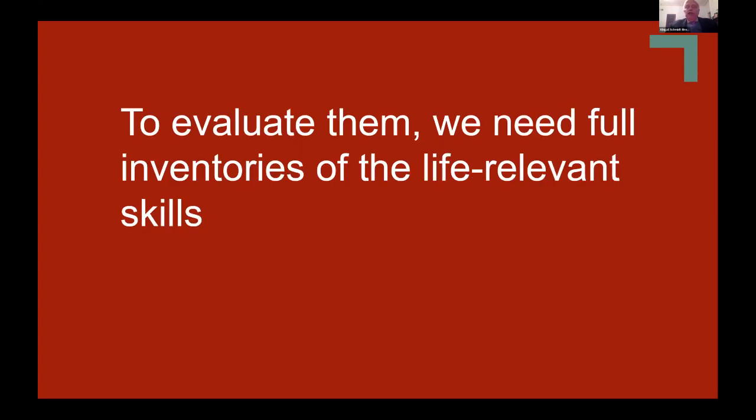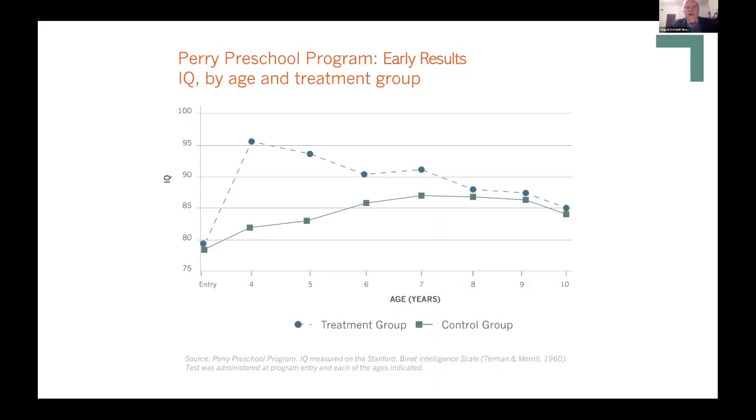We need to be able to then look at all of these skills that I claimed were very important in life. So in the Perry Preschool program, an early finding of many of these programs was the treatment group experienced a big boost in IQ, but then it gradually faded away until age 10. The control group caught up. And so many people said, we can't do anything.